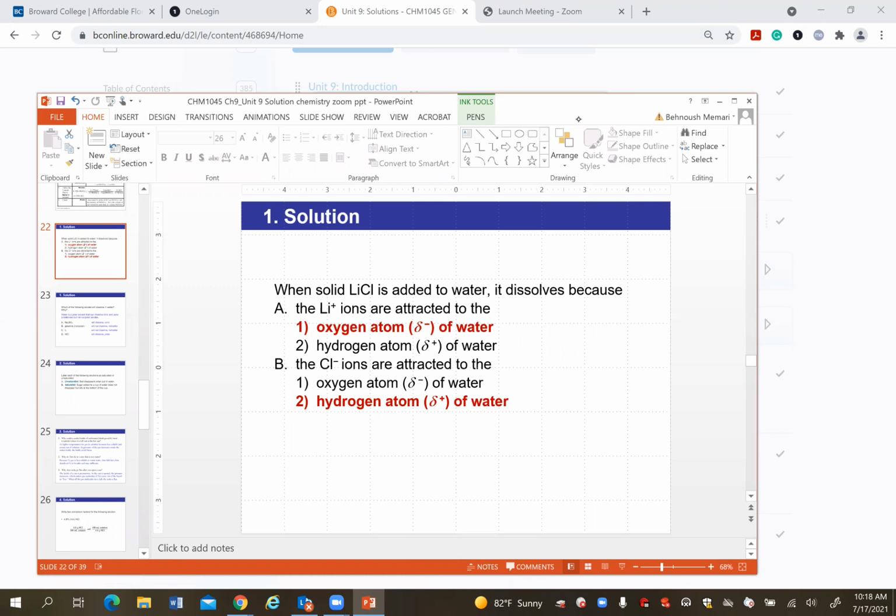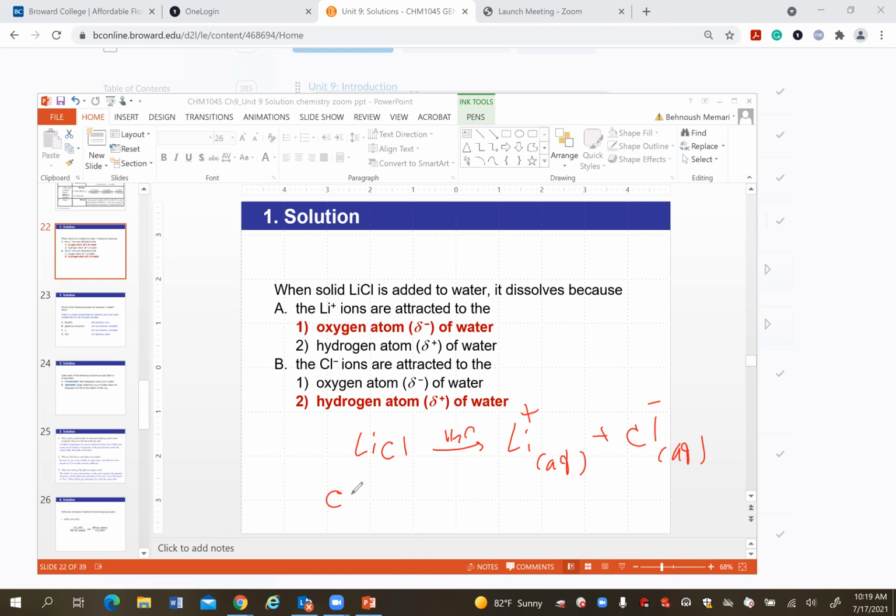One other aspect about the solutions for ionic compounds: when they dissolve, they change to ions. If lithium chloride dissolves in water, you add water, it is going to change to lithium ion, aq, and chloride ion, aq.